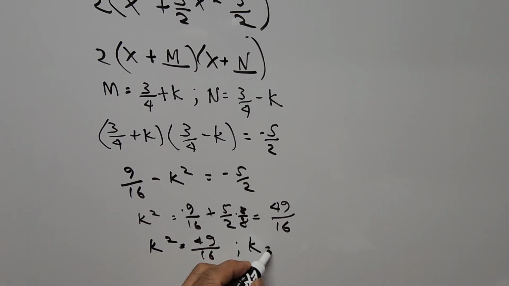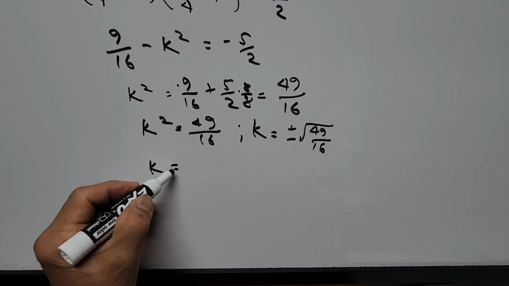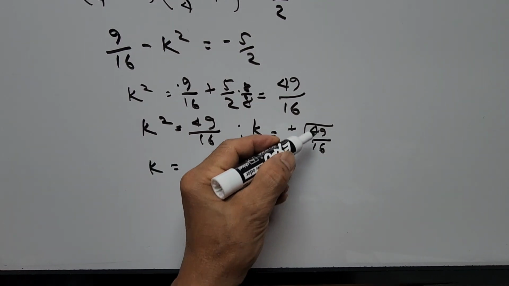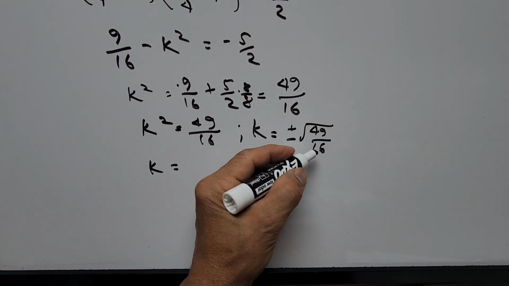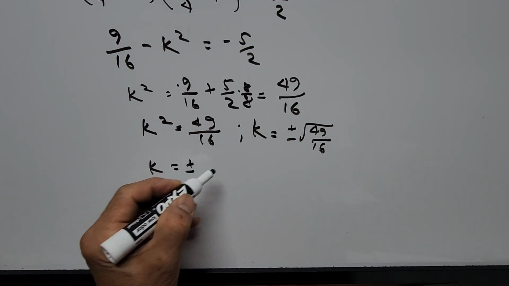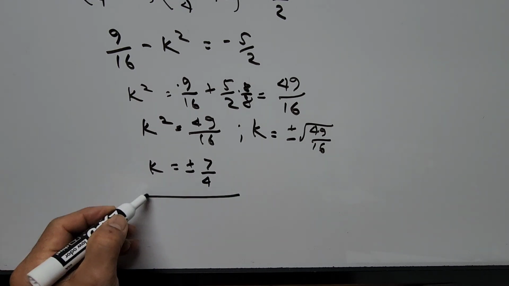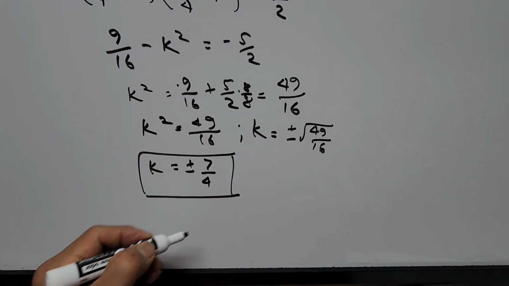k is equal to positive negative square root of 49 over 16. 49 is a perfect square, as well as the denominator 16. The square root of 49 is 7, and the bottom is 4. So the value of k is positive negative 7 over 4.